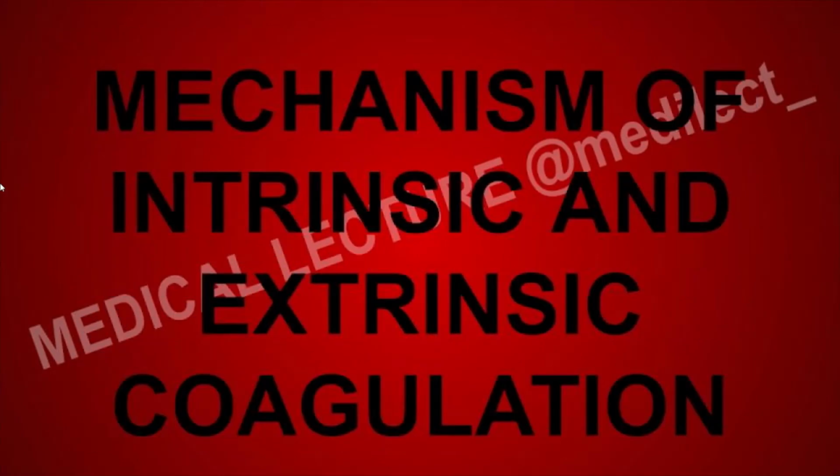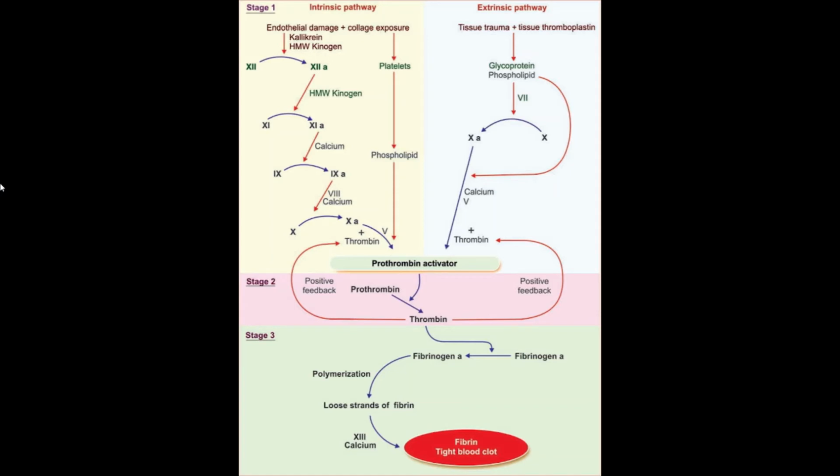Now next is the mechanism of the intrinsic and the extrinsic coagulation. So first of all, the intrinsic pathway. This intrinsic pathway is activated either by in vivo or in vitro pathway. Now in vivo, this intrinsic pathway is activated when the blood clotting factors come in contact with the collagen of the damaged vessel wall and change in the blood constituents.